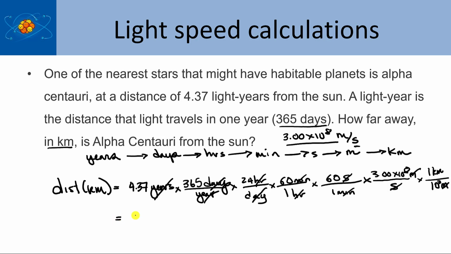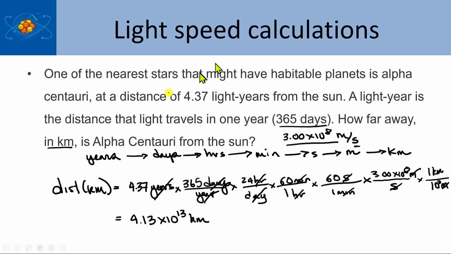I run it all through my calculator, right? Basically everything's in the numerator except for the 10 to the 3rd. So I'm just going to multiply straight across and then divide by 1,000. And that gives me 4.13 times 10 to the 13 kilometers. That is a long way.